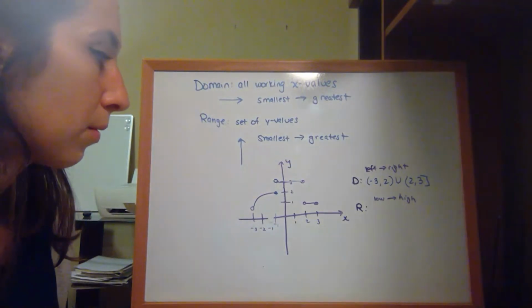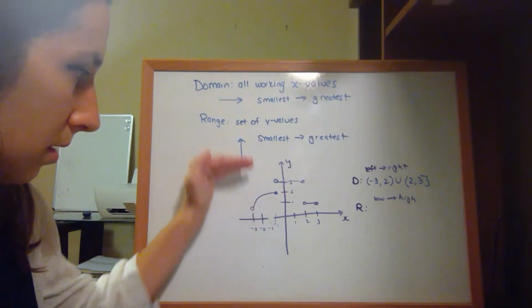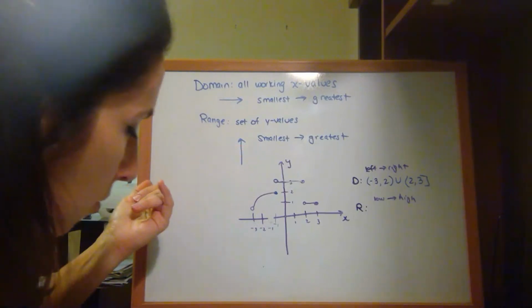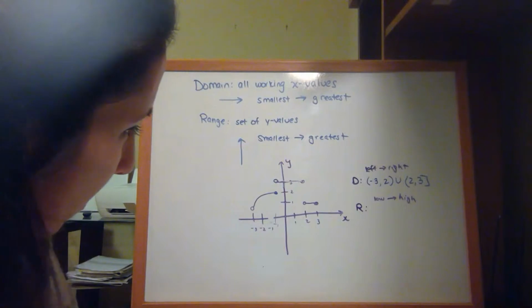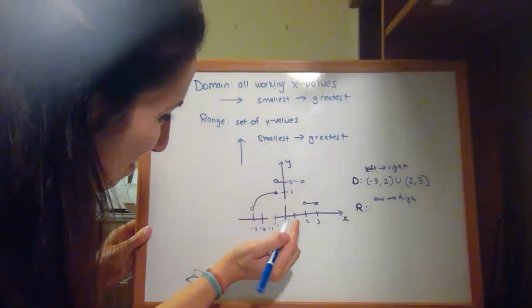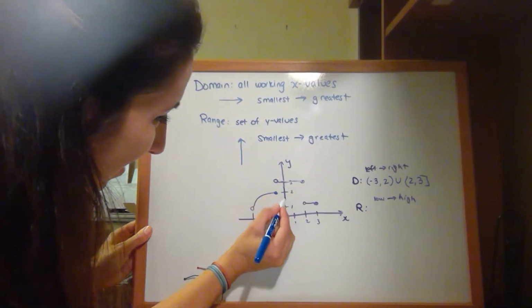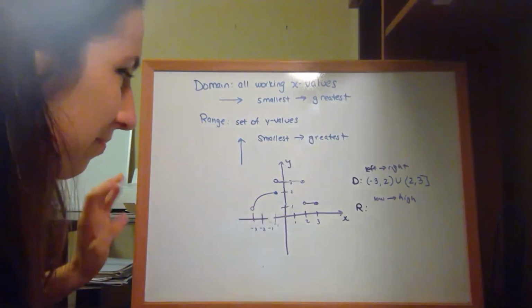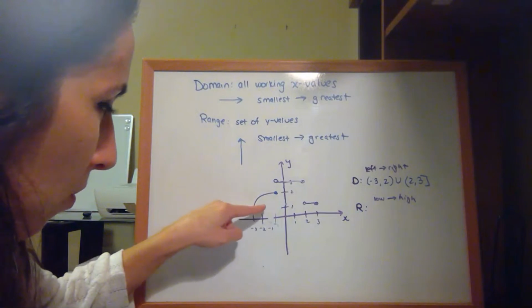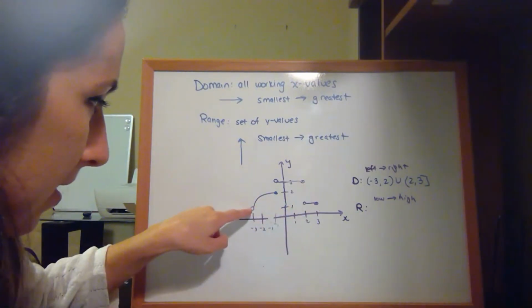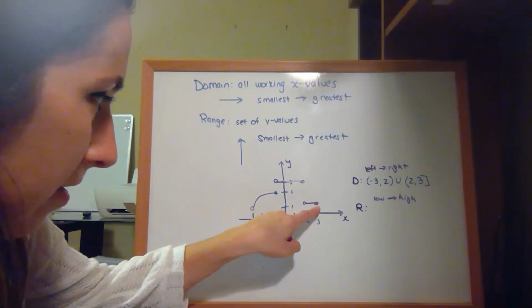Now the range is the lowest to the highest. When I do it from this angle, it looks really great, but then head on, it's not. So that's supposed to be a 1 down here to match over there. So the lowest would be at 1, which is not included here, but it is there.